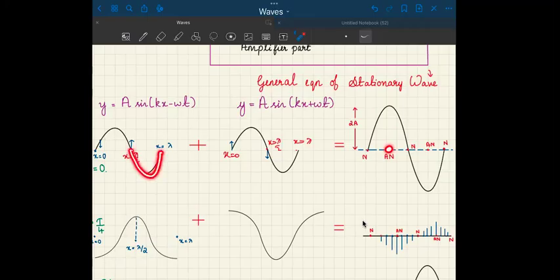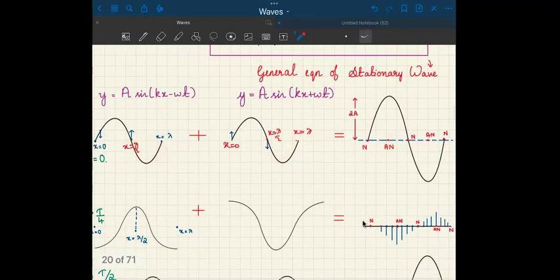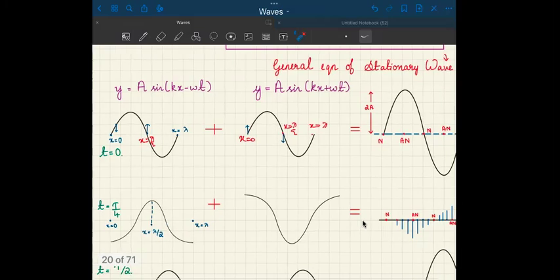Similarly, this one overlaps with this, again you will get a huge one here, 2a amplitude. So this is the point of maximum displacement. So this is antinode, right? But one thing, please remember, at this point, velocity of the particle is minus v times ∂y/∂x. If the wave is traveling in the positive direction, you will get plus v.